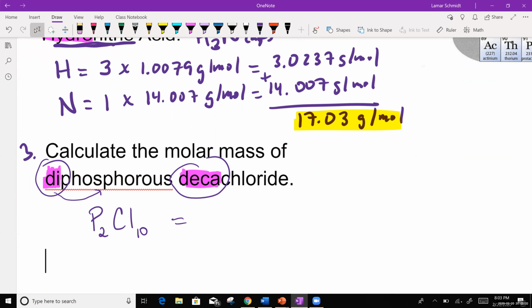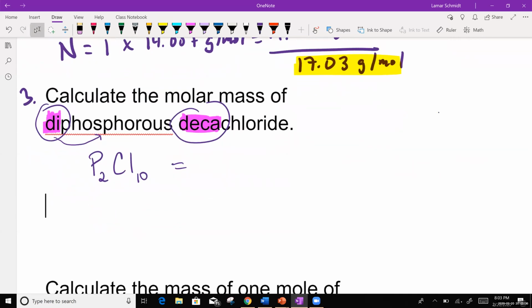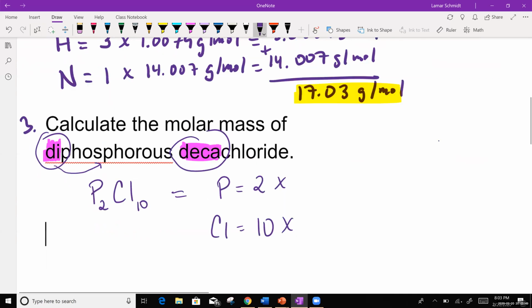So you simply find what is in the diphosphorus decachloride, and you have phosphorus and you have chlorine. And then you just count, how many do you have? I have 2 phosphorus, 10 chlorine. Multiply by the mass found on your periodic table.